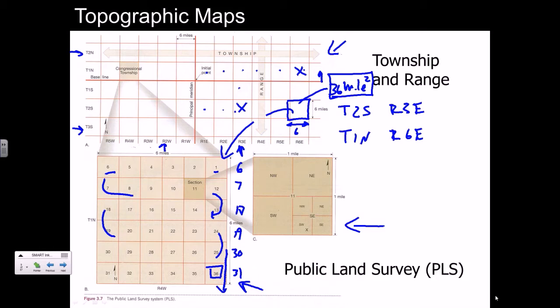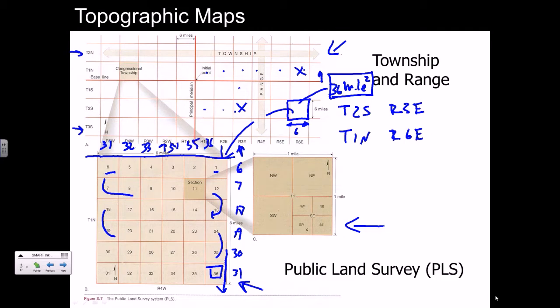The same thing would happen if we took this entire grid of 36 boxes and stacked it on top of the box up here. 31 would sit there, 32 there, 33 there, 34, 35, and 36.